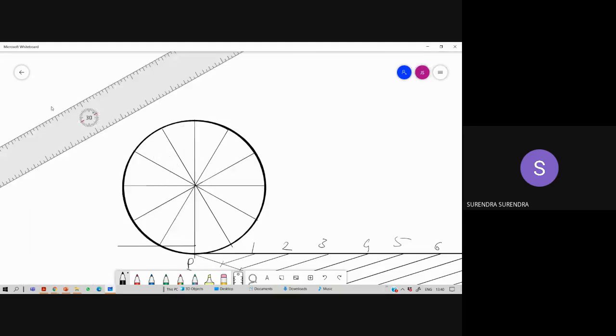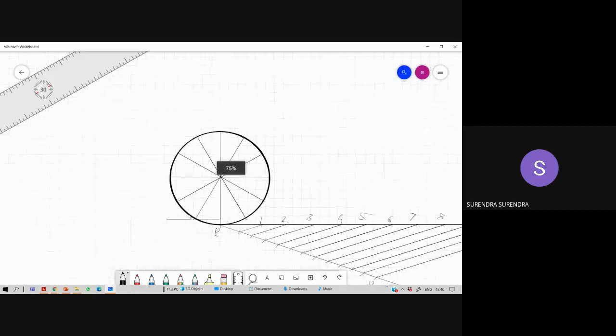Yes. An extra line has come, I don't know. Okay, leave it. So give the numbering. As you are trying to unwound from P, this is the direction of releasing. So give the numbering also in the same clockwise direction.